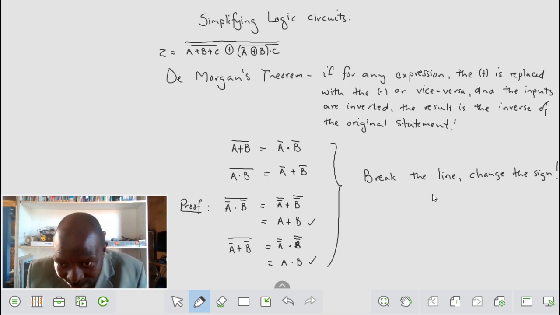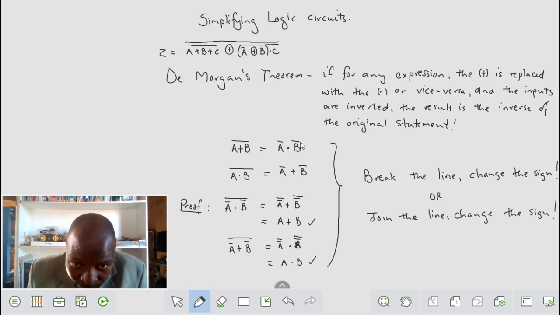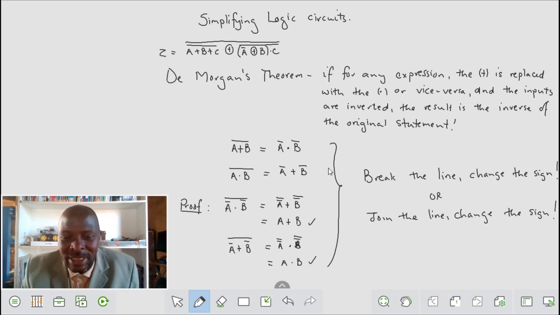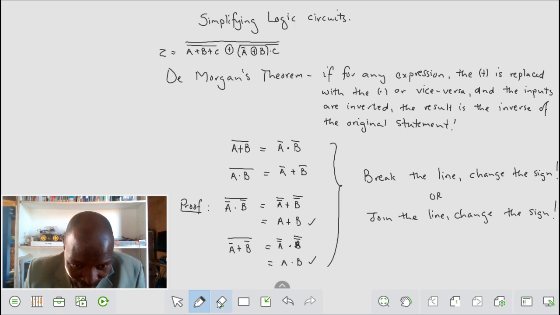And then the other way: join the line, change the sign. Same thing. If I go backwards, I'm actually joining the line and changing the sign. So this is De Morgan's theorem. It is very handy when it comes to a lot of our solutions here.